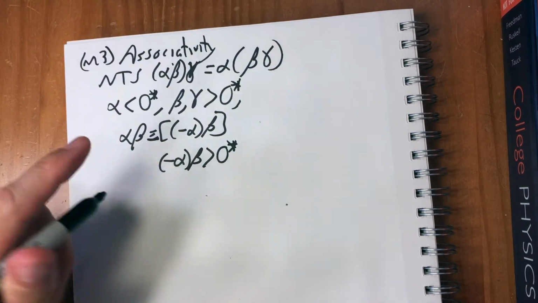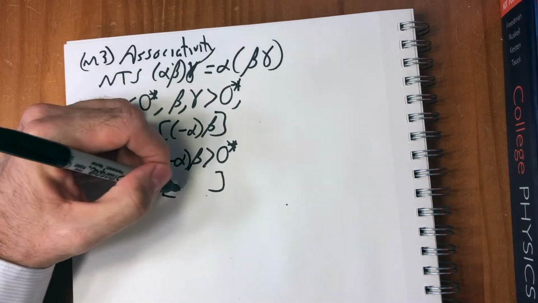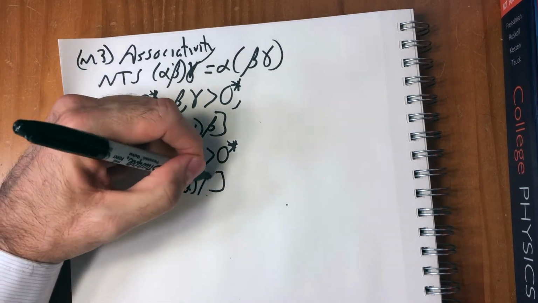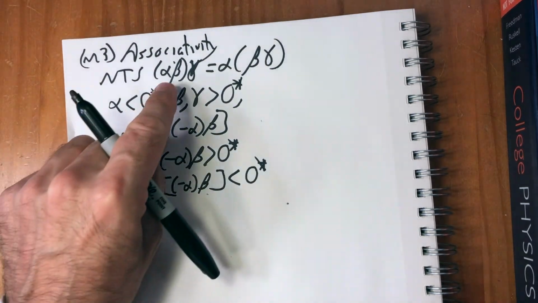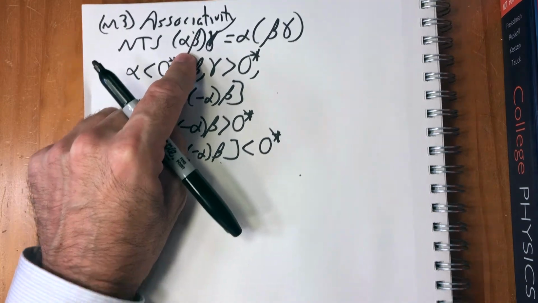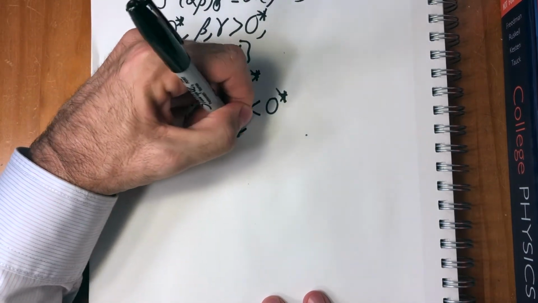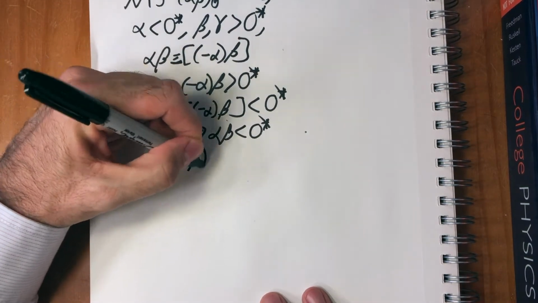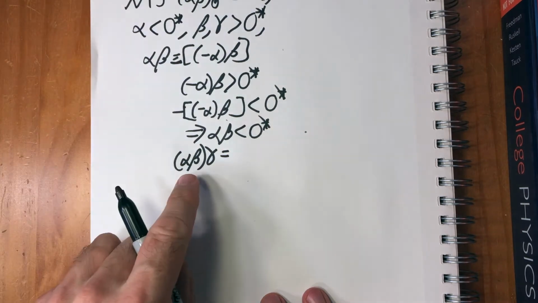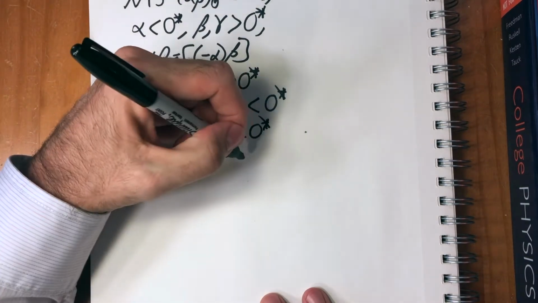That means that if you take the opposite of the whole thing, it is less than 0. Okay? So we have that this is negative. So alpha beta is less than 0. So now if we look at the whole thing, we have that alpha beta gamma equals, now we have a negative. We just showed that this is negative. So we have a negative times a positive equals negative.